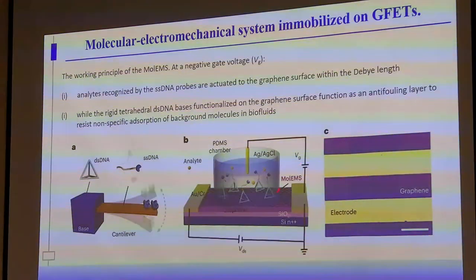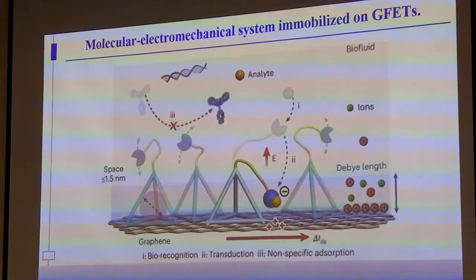So this is the setup here. You have graphene, and then these cantilevers, and on top of this you have a molecular wire that performs the electromechanical behavior. It looks like this, for example. This is a kind of Debye layer.